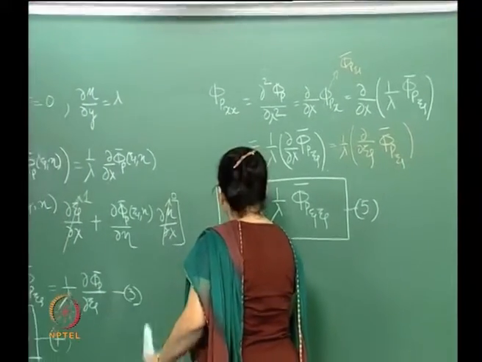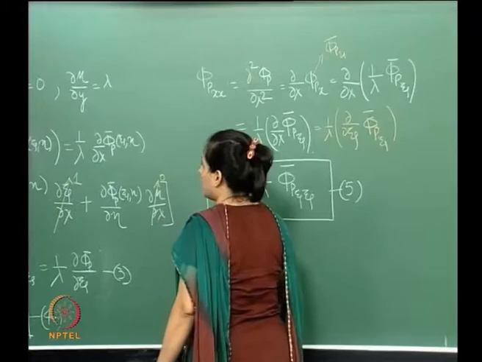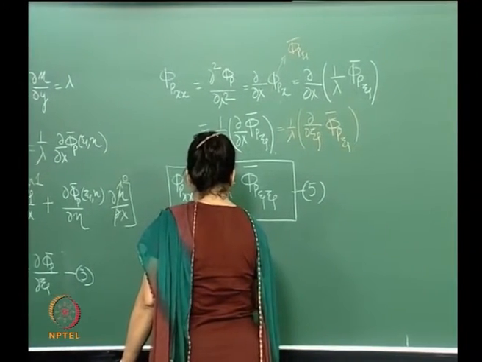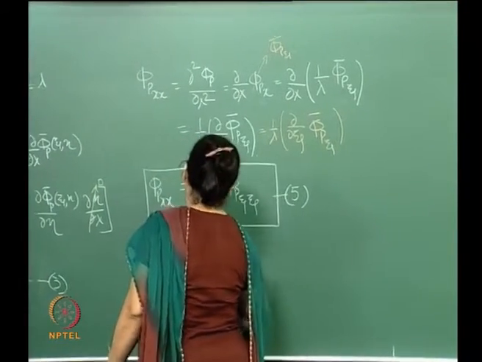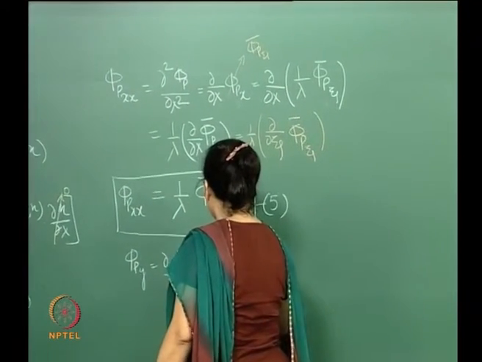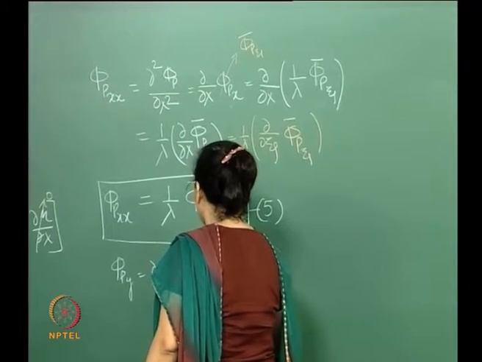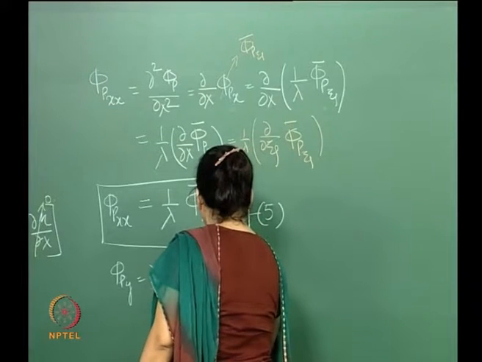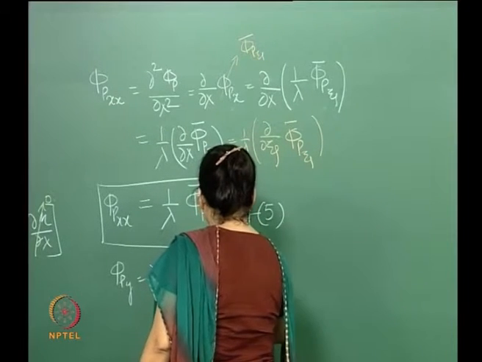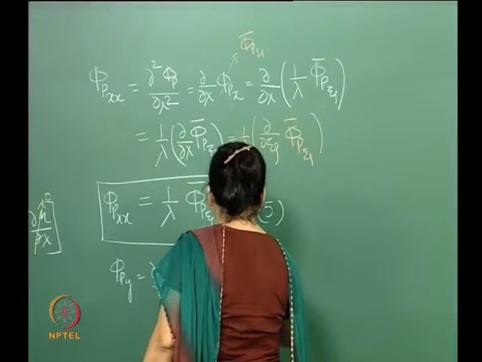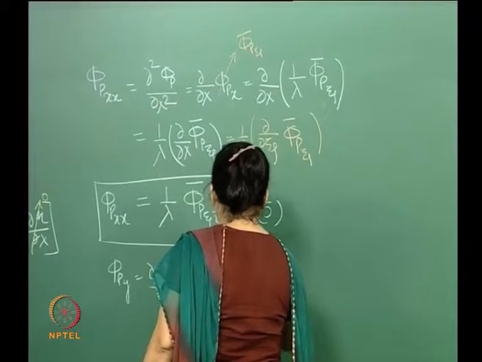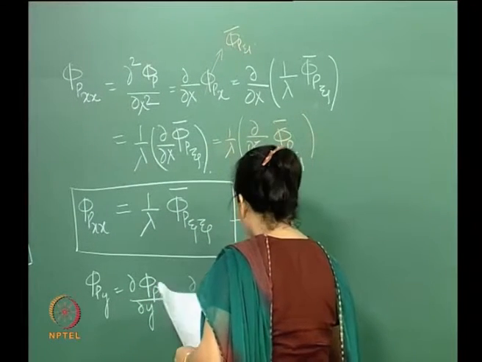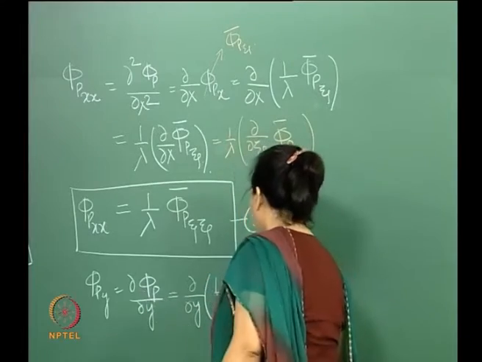Phi p y is nothing but del y, which I can write as del y of 1 by lambda phi p bar.